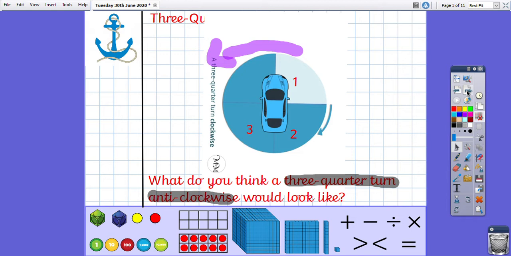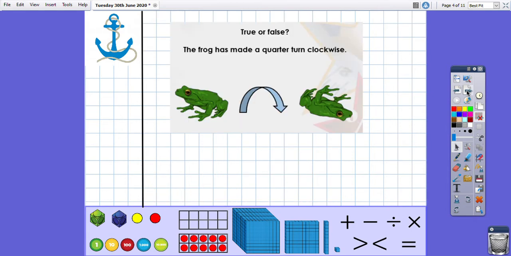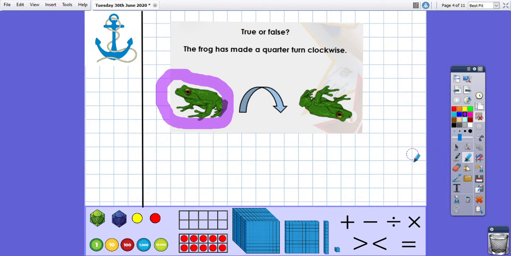Just listen really carefully. The frog has made a quarter turn clockwise. So has the frog moved 1/4 turn clockwise? What do you think? Let me show you what a quarter turn would be. So keep your eye on this frog. I'm going to do a quarter turn clockwise. Let's see if he looks like this frog.